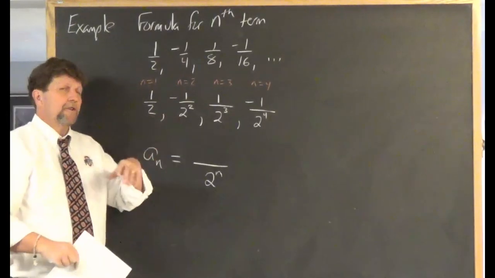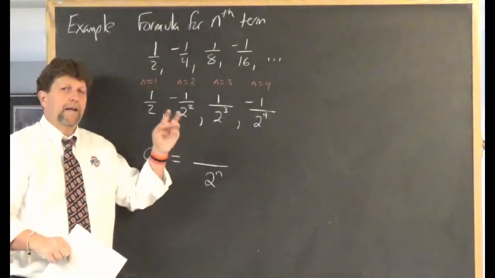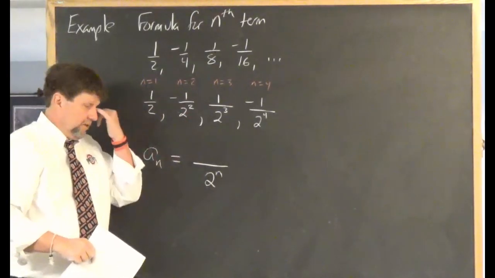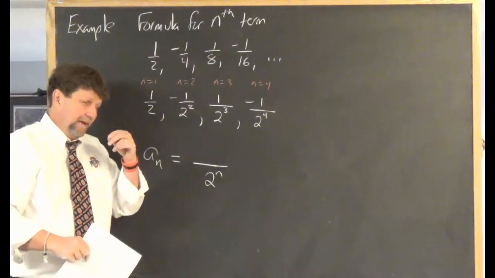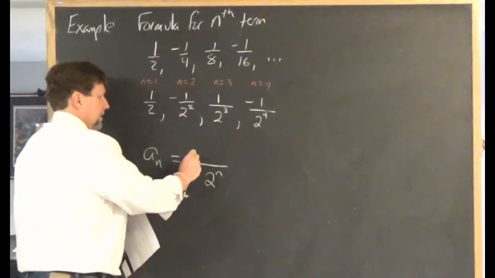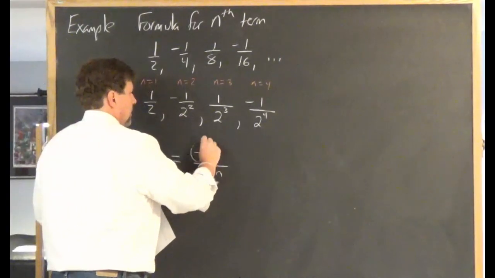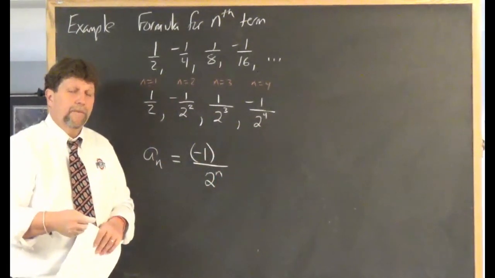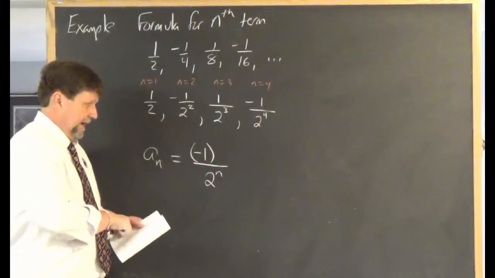All right, now I notice there's alternating signs: 1, -1, 1, -1, 1, -1, etc. So somewhere in here I've got to have a -1 to some power. And it does matter what power I put down.